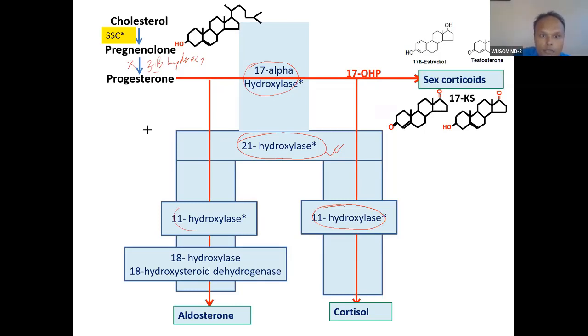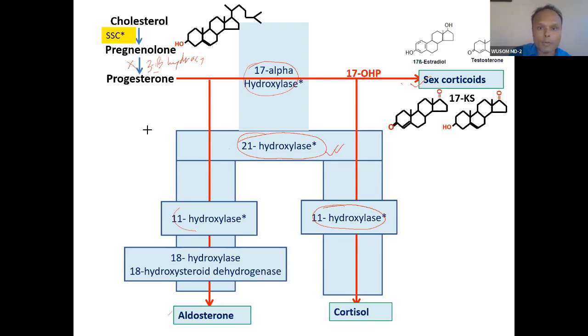If you put a straight line through the alpha hydroxylase, this will end up in sex corticoid. If you put an L line through 17 alpha hydroxylase and 21 alpha hydroxylase, it will end in cortisol. And directly through 21 hydroxylase and 11 hydroxylase, it will end in aldosterone. So cortisol, aldosterone, and then sex corticoid.